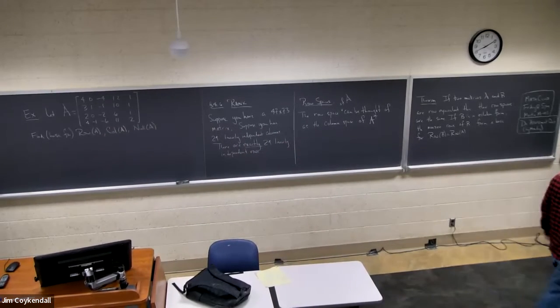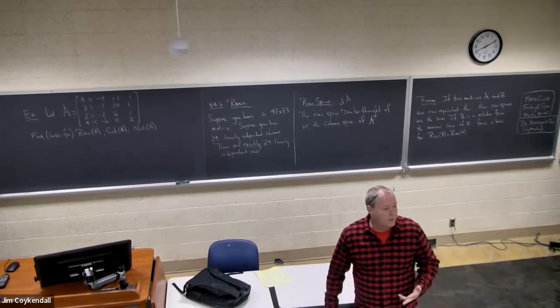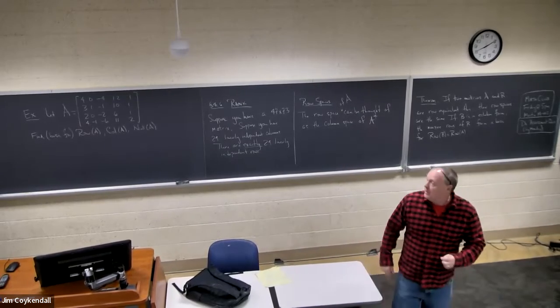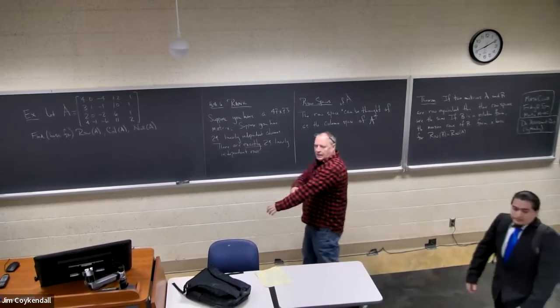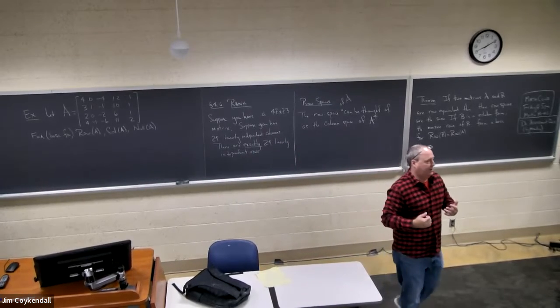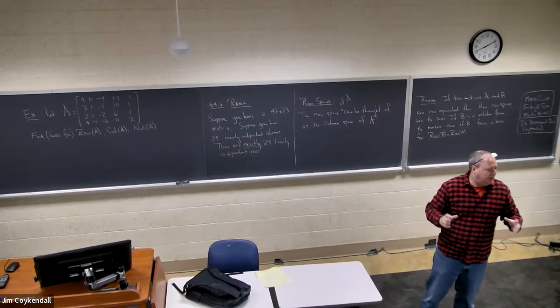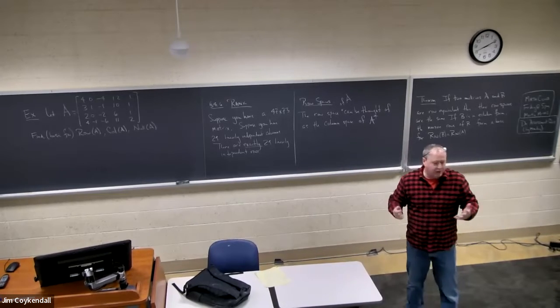I want to find a basis for the row space, a basis for the column space, and a basis for the null space. The good news is all I've got to do is row reduce, right? Doing row reduction here will give me an echelon form that I can use for all this.